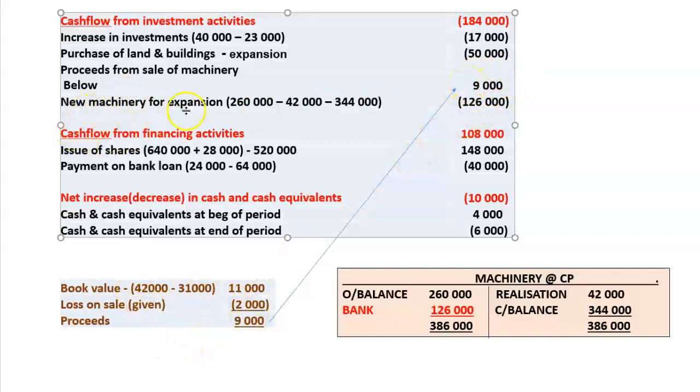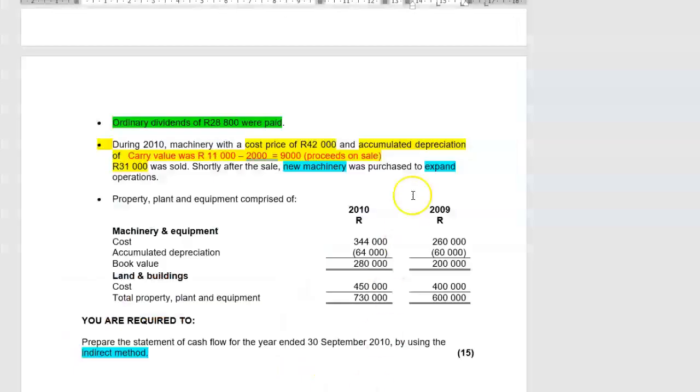Now we have to reconstruct our machinery at cost price account, because they've told us in the question that new machinery was purchased to expand the operations. So at cost price, we're going to start off with opening balance 260,000, closing balance 344,000. The cost price of the machinery sold was 42,000 Rand.